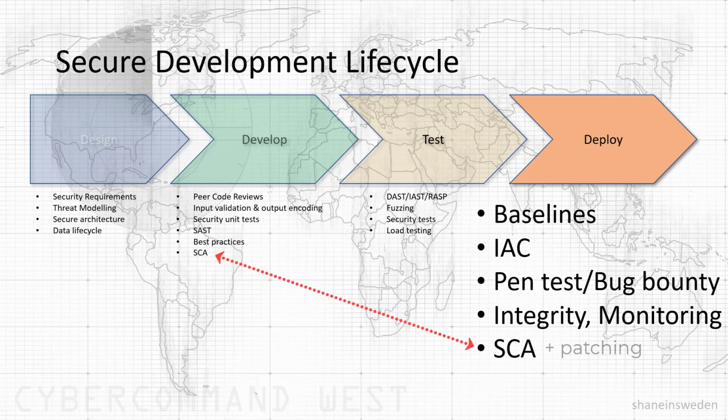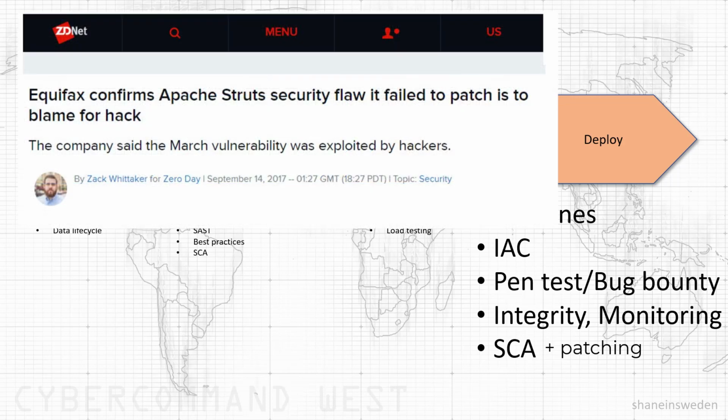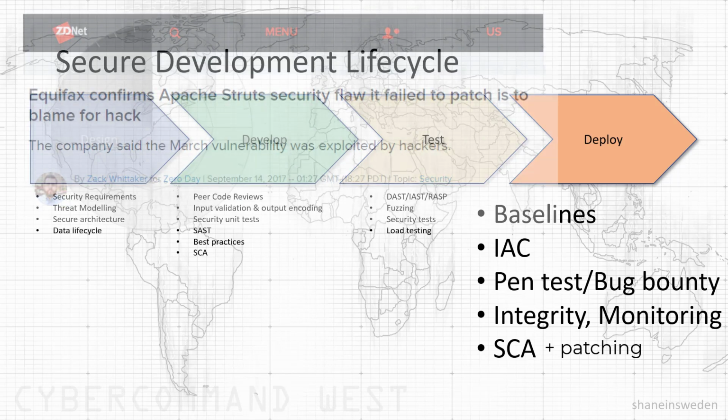Finally, we looked at SCA, software composition analysis, in the development stage, but of course it's important for us to do it not only when we release a product or an application or service, but even continuously checking after release.